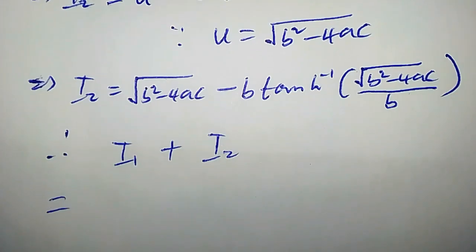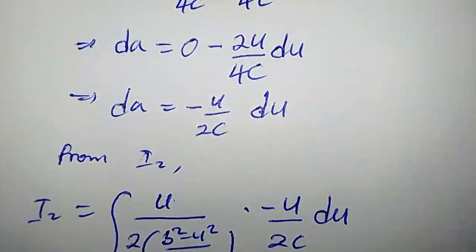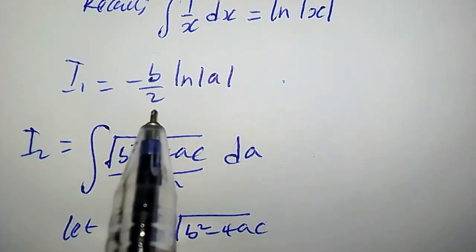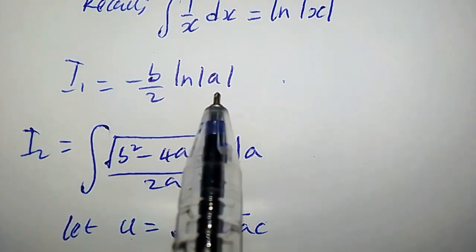Therefore, I1 plus I2 is equal to, that is the first integration, I1. Let me show you. It happens to be minus b over 2 times ln of the absolute value of a.